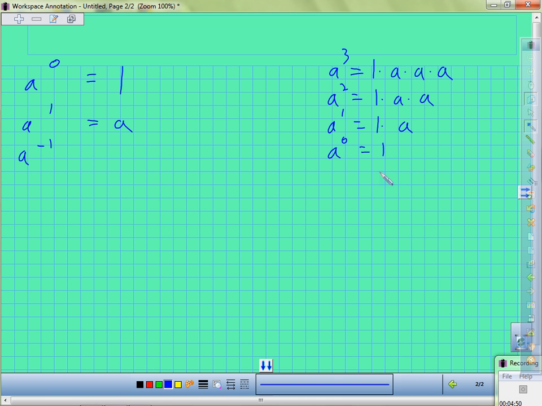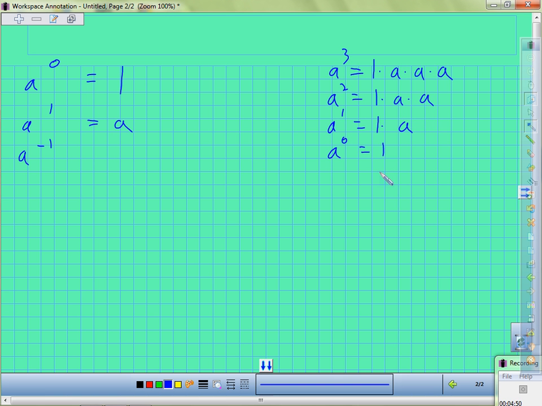We're not subtracting, per se. We're removing an a, but what are we really doing? We are dividing. To go from a cubed to a squared, we're dividing by a. To go from a squared to a to the first, we're dividing by a. A to the first to a to the 0, we're dividing by a.